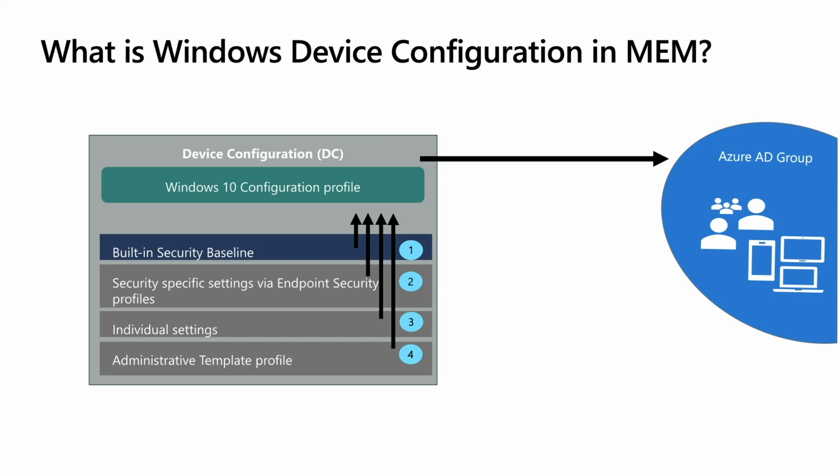But we know that not one size fits all, so we've added additional security-specific settings to cover scenarios for antivirus, disk encryption, firewall, endpoint detection, attack surface reduction, and doing all of that using endpoint security profiles. In addition to that, we've also added over 800 individual settings so you can configure device configuration profiles for things like BitLocker and device restrictions.